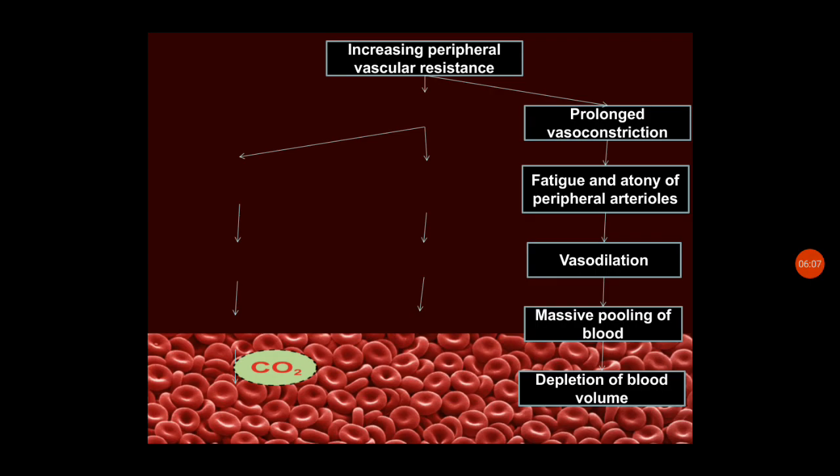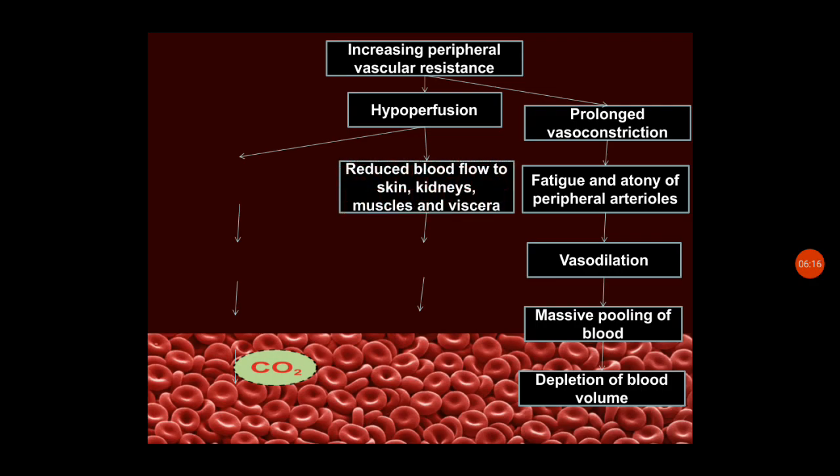That is on one side. On the second side, with increasing peripheral vascular resistance, there will be hypoperfusion. Reduced blood flow to skin, kidney, muscle, and viscera occurs.